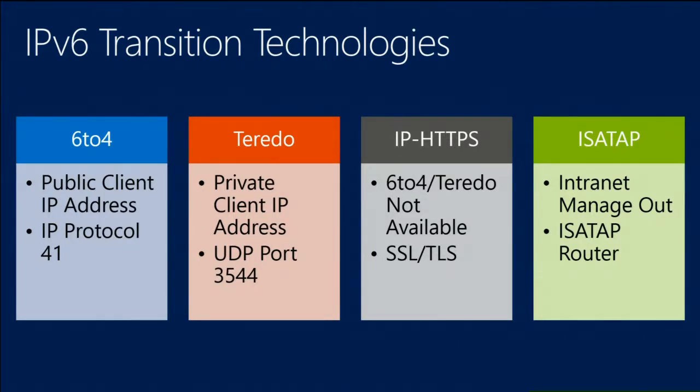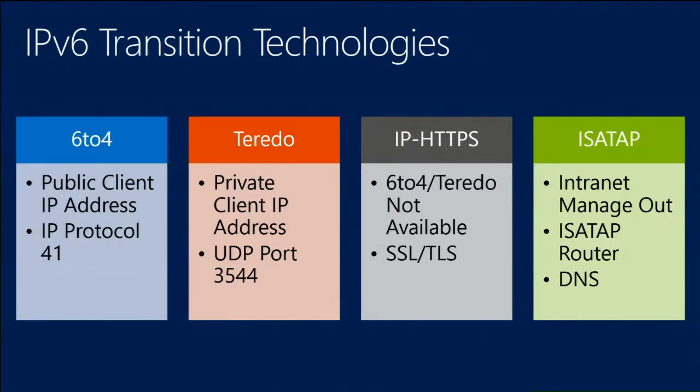When you install and configure direct access, it will configure itself as an ISATAP router. That's not the only thing that needs to be done. You also need to configure DNS to support ISATAP. To do that, you put a record in your internal DNS called ISATAP, and it resolves to the IPv4 address that's assigned to the internal network interface on your direct access server.